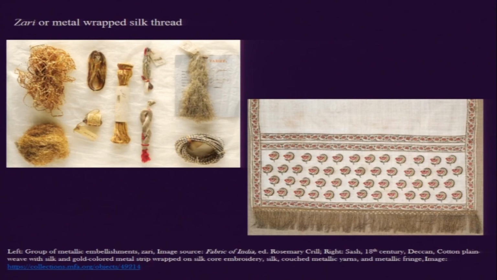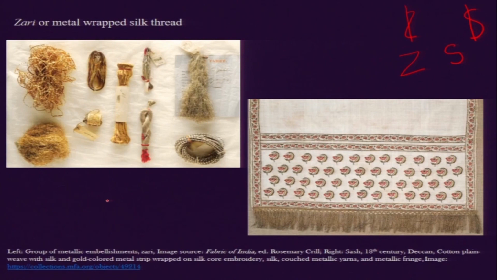And zari threads are one of the ways of incorporating metal, but there are also other ways in which different kinds of metallic embellishments are employed in making threads. So for example, the one on the left side of the screen has different kinds of bits and pieces of metal incorporated in making this kind of zari, which are not really meant to be worn directly on skin, but on a layer on top of some other layer.